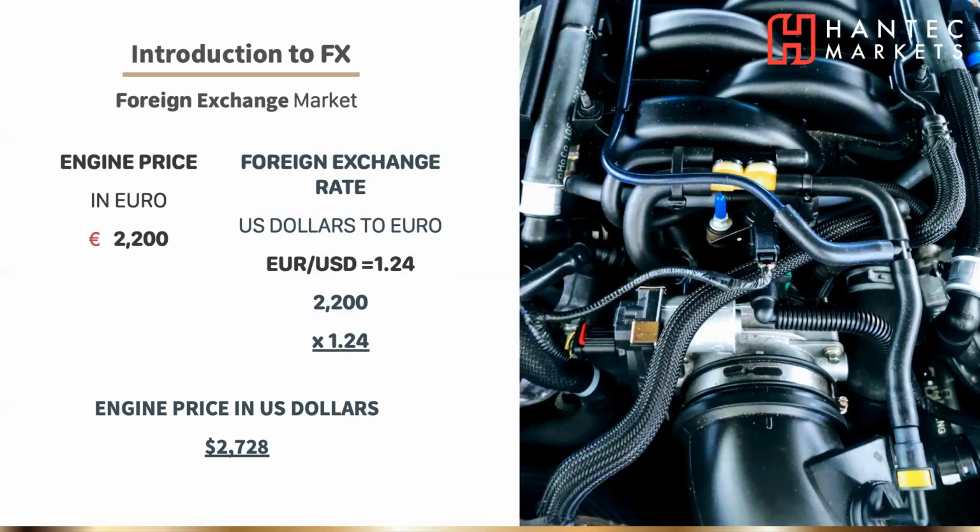So for me to work out how much I'll pay in dollars is 2,200 euro times the exchange rate, which is 1.24. That will give me my price in dollars, which is 2,728. Okay, that is foreign exchange in its purest form, as simplified as it may be.